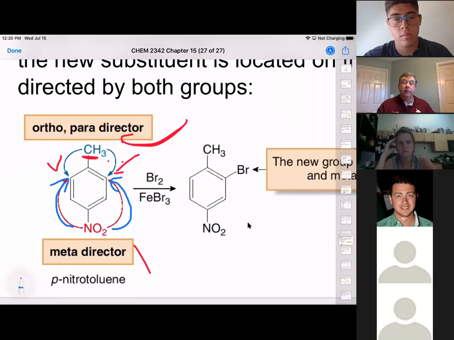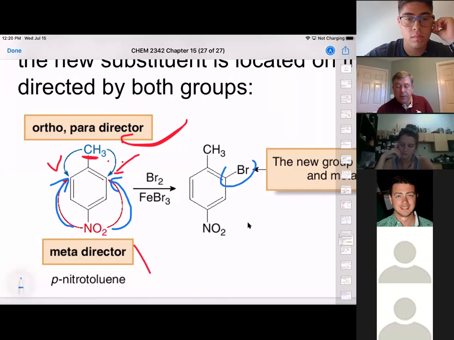So the nitro is meta directing, and the methyl group, which is directing ortho, is directing to the same carbon as the meta director nitro group. That is reinforcing the idea that we're going to get substitution at this one and only site.